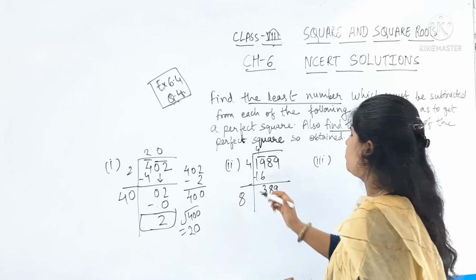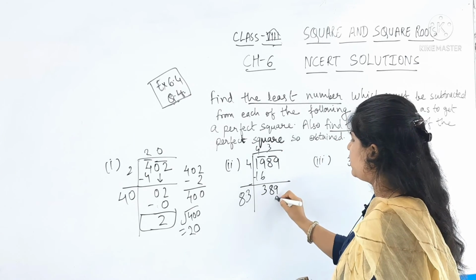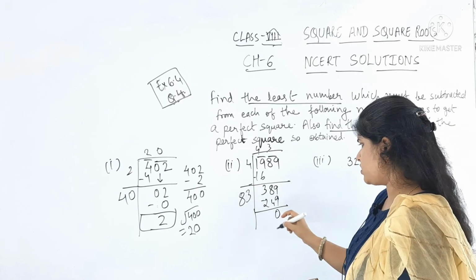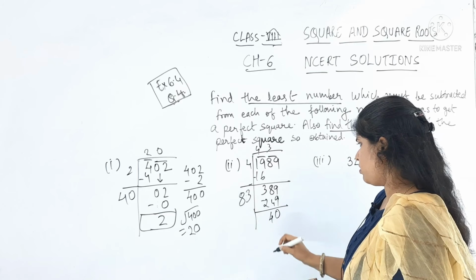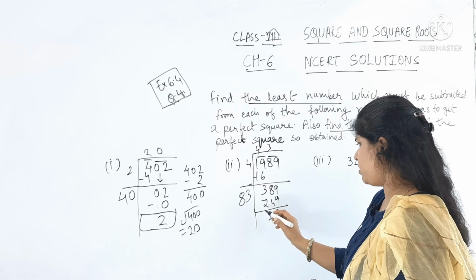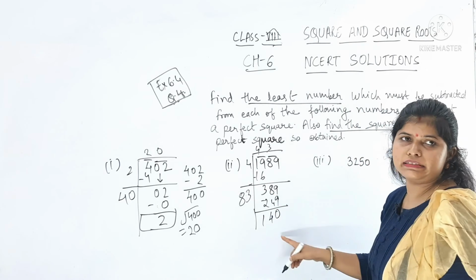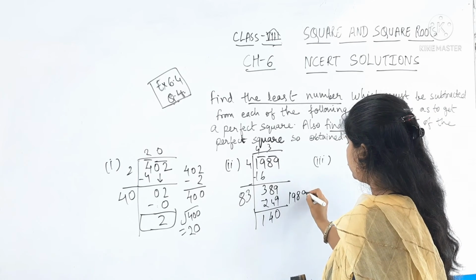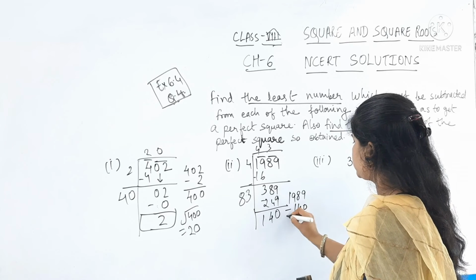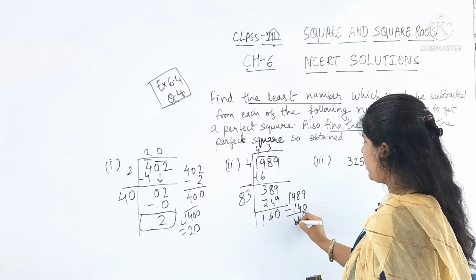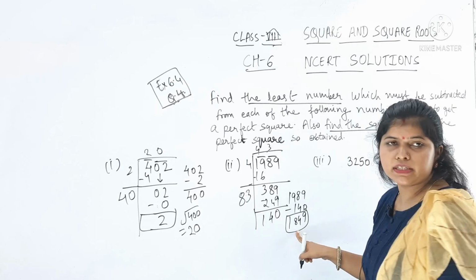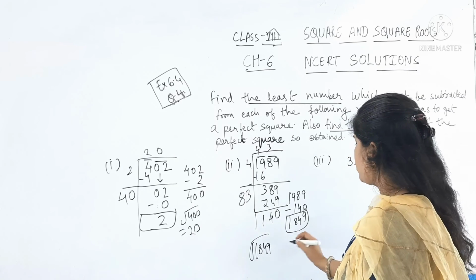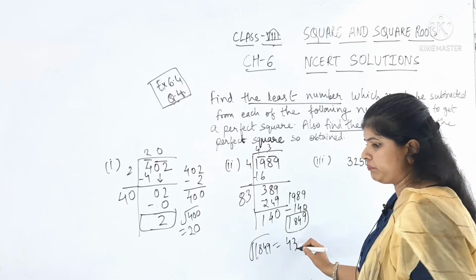So we will write here 3 3s are 9, 3 8s are 24, right? So what we will get here is 4 and this will be 1. So 140 as a remainder. So 1989 minus 140 is 1849. So this is the perfect square 1849. So under root of 1849 is equal to 43.